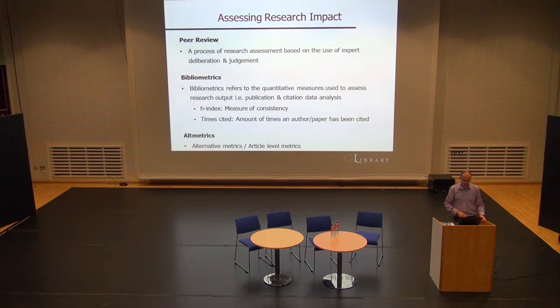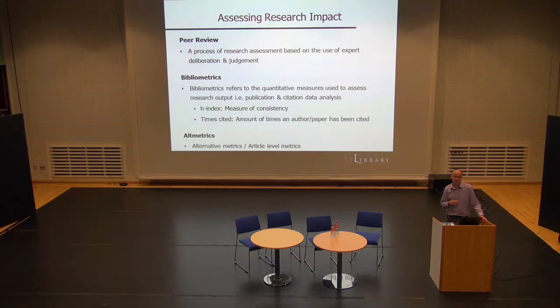For assessing academic research impact, there are a few traditional areas. Peer review is one method, a process of research assessment based on the use of expert deliberation and judgment. I'm going to talk mainly about the next two, bibliometrics and altmetrics.